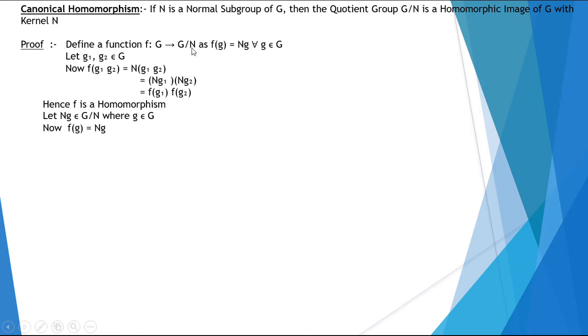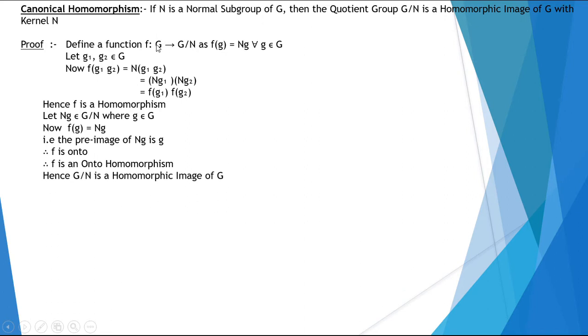Thus, every element in the codomain G by N has a preimage in the domain capital G with respect to the function f. Hence, f is onto. So f is an onto homomorphism. So the quotient group G by N is a homomorphic image of G. Thus every quotient group of G is a homomorphic image of G.